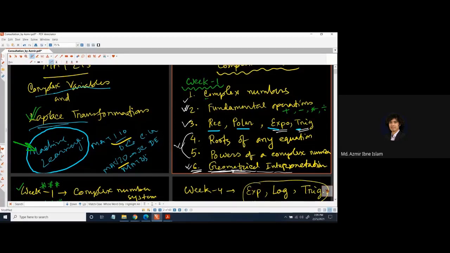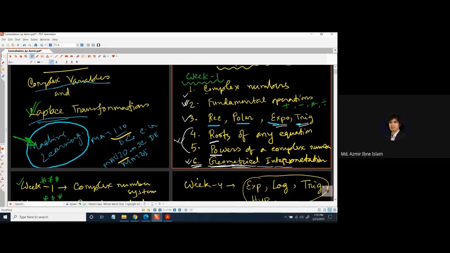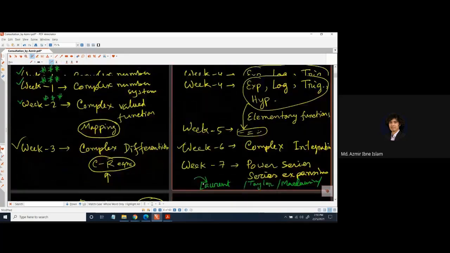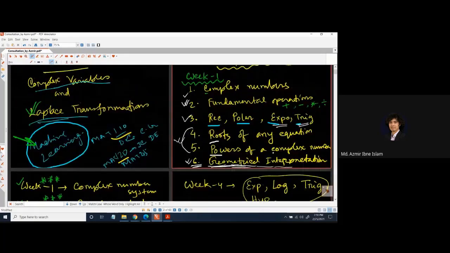We have other interpretations for subtraction, multiplication with a scalar, and multiplication of two complex numbers. These can be found in your reference books, but I am going through the overall contents. So let's learn how to find roots of an equation and how to find the power of a complex number. These two are equivalent. Whenever you have to find roots, automatically you need to find the powers.